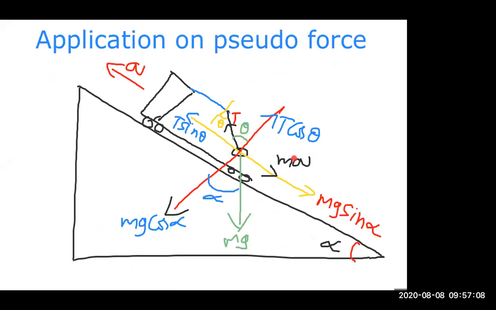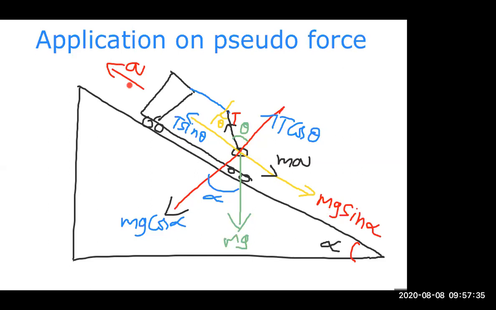And now what happened? The pendulum hanging at the back of the truck makes an angle theta with the vertical. So this tension is resolved into components T cos theta and T sin theta. Similarly, the weight mg is resolved into components mg cos alpha and mg sin alpha. It is going with uniform acceleration, as we said.